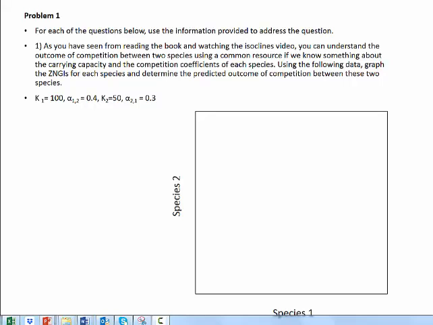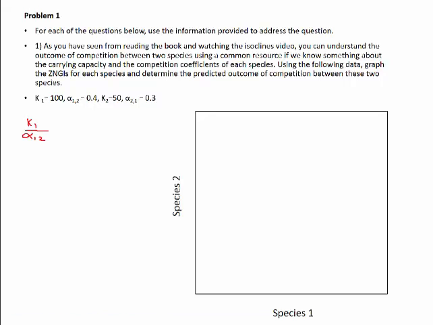So to get started, let's figure out what K1 divided by alpha 1,2 is. I've pre-written our little formula, K1 divided by alpha 1,2. And I realize that looks like it was written by a toddler, but maybe a really advanced toddler, but we'll work with it here. Okay, so K1 we know is 100, and we know that alpha 1,2 is 0.4.